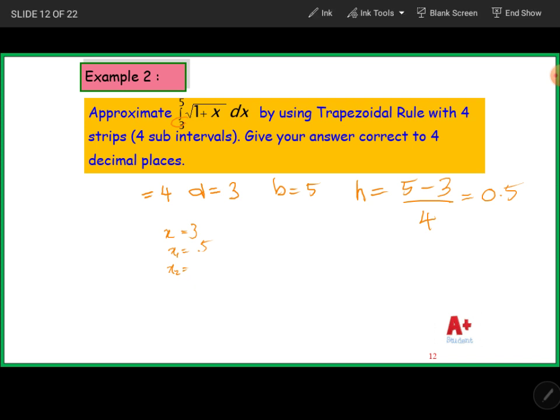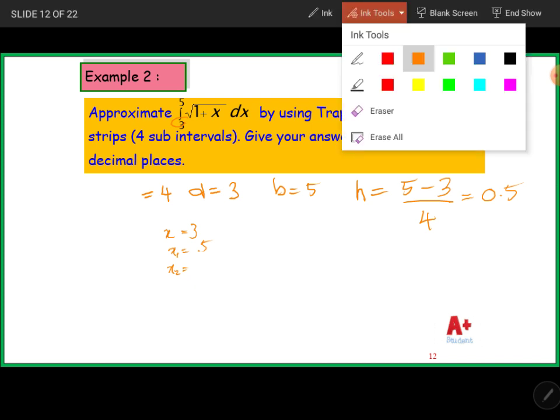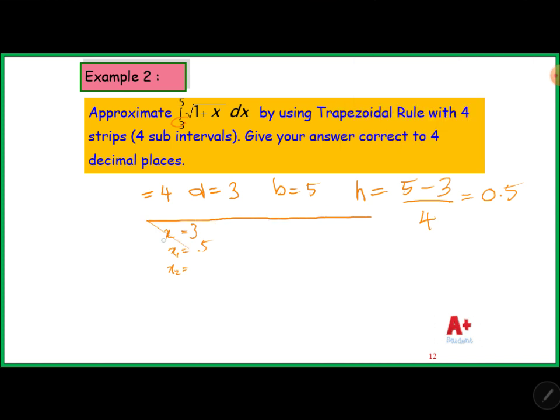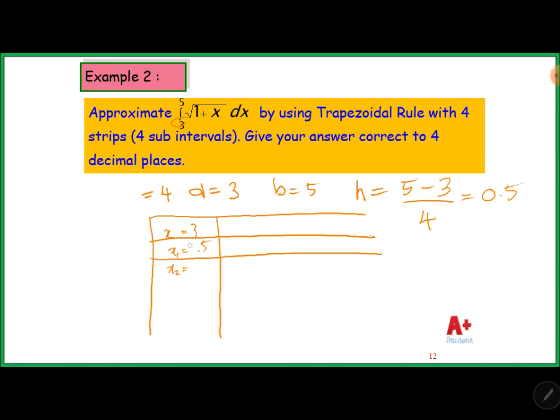So this is 3, the next one is 3.5, the next one 3.5 plus 0.5 is 4, and then x3, which is equal to 4.5, and then x4 equal to 5.